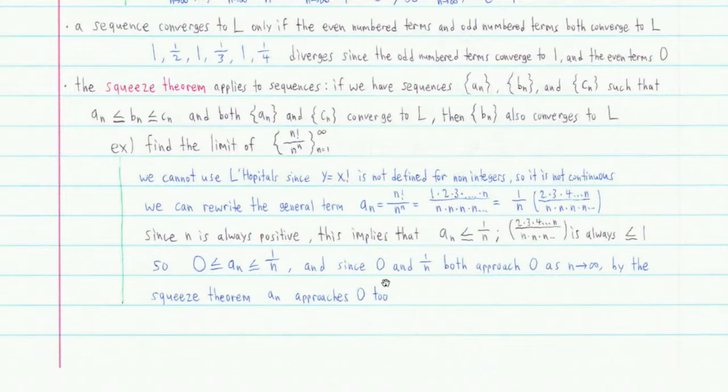And since 0 and 1 over n both approach 0 as n approaches infinity, they both converge to the same limit. The middle sequence must also converge to that same limit. So the general term approaches 0 as well, and therefore the sequence that we started with converges to 0 by the squeeze theorem.